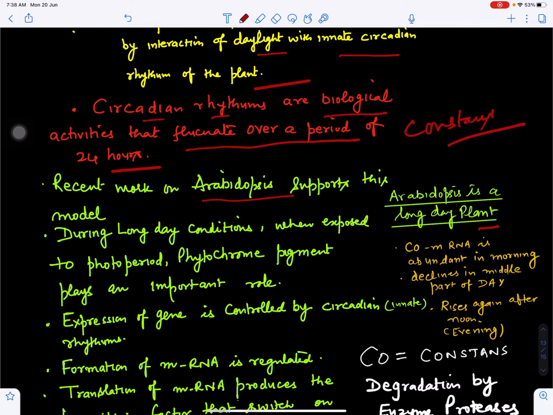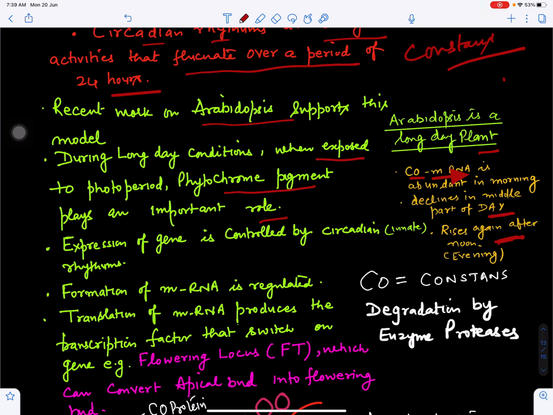In Arabidopsis, CO messenger RNA, meaning the messenger RNA which is going to form constant protein, is more in the morning, and it will decline in the middle part of the day, and in the evening this will increase, right? So during long day conditions, when exposed to photoperiod, the phytochrome pigment plays an important role, as we have discussed.